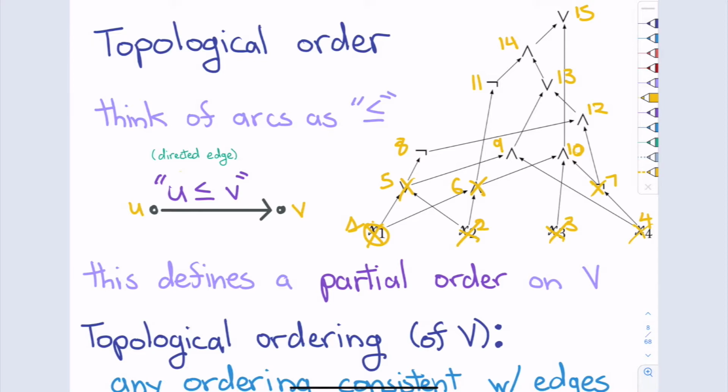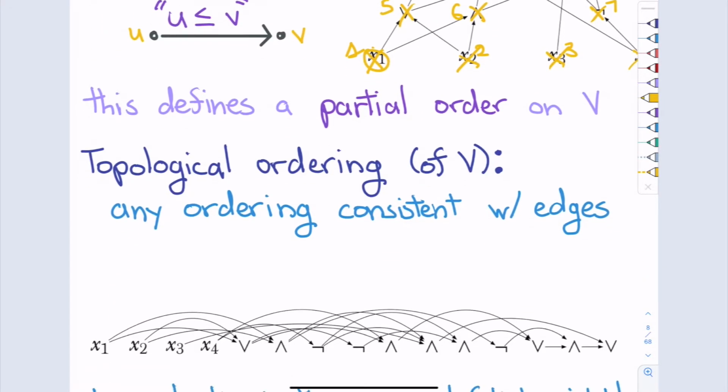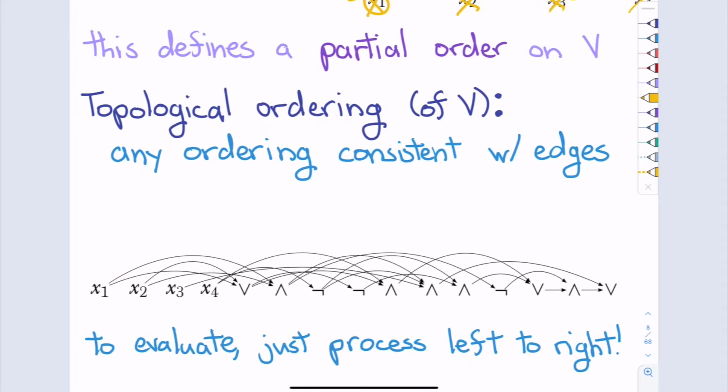Okay. All right. So the nice thing is that if you had computed this topological order and listed the vertices in topological order from left to right, then you can see that all the edges are pointed to the right.